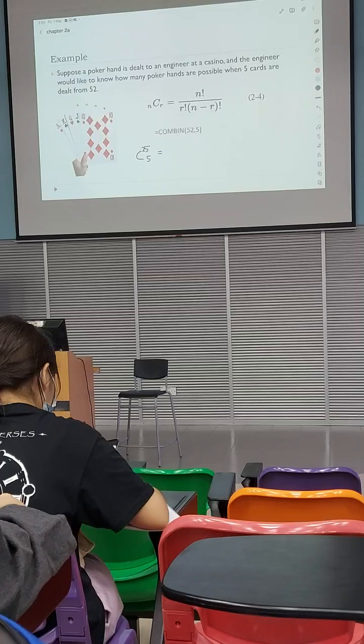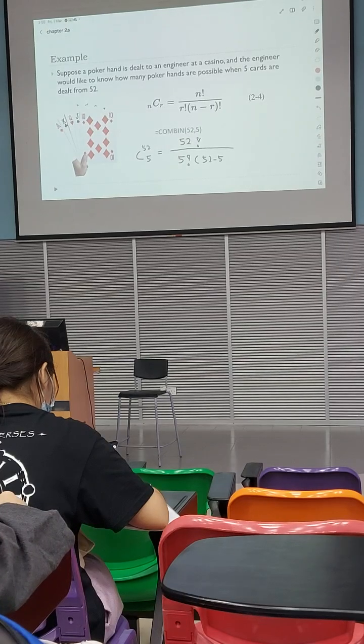If we apply the formula, we should write 52 factorial divided by 5 factorial times 52 minus 5. Sorry, here is 52 choose 5.